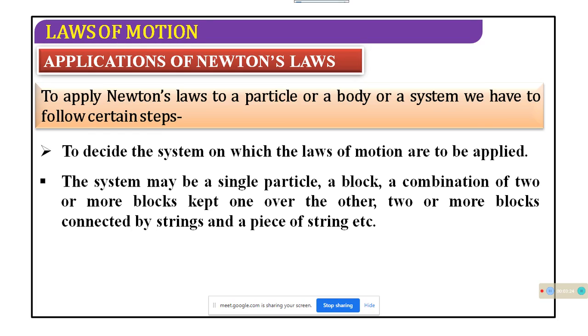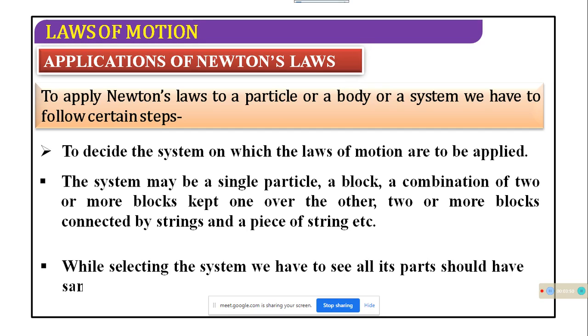The system may be a single particle, a block, a combination of two or more blocks kept one over another, or two or more blocks connected by a string. While selecting the system, we have to see that all its parts have the same acceleration.